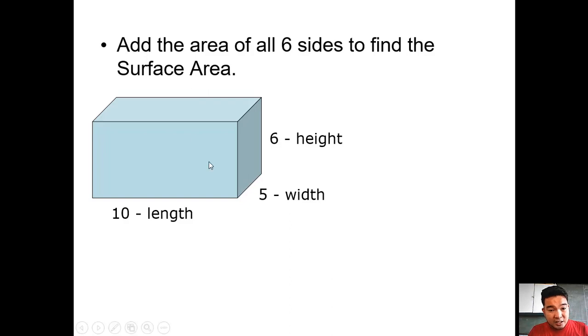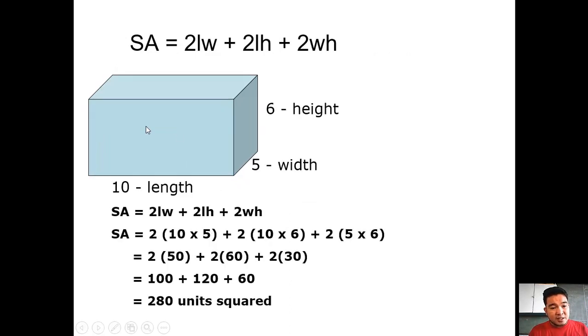Okay, so in this case, this is a rectangular prism. Kunin muna natin yung area ng lahat ng surfaces. So surface area would be 2 times length times width plus 2 times length times height plus 2 times width times height. Kasi dala-dalawang pares tayo, ano? So ito, yung baba, ang kapares niya yung nasa taas, yung front, ang kapares niya yung nasa back, yung right, ang pair niya ay yung nasa left.